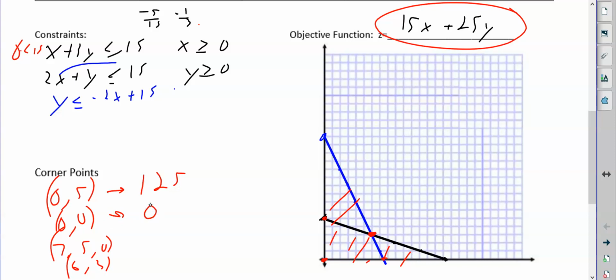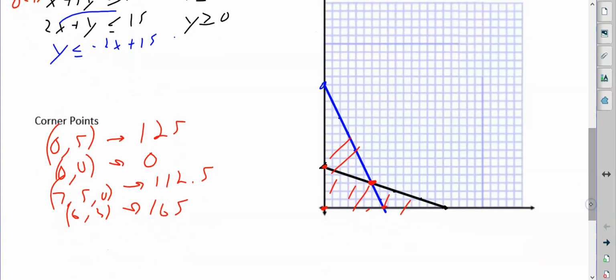This is clearly going to be 0. 7.5 times 15 is 112.5. And 6 times 15 is 90. And 3 times 25 is 75. So that gives us 165.